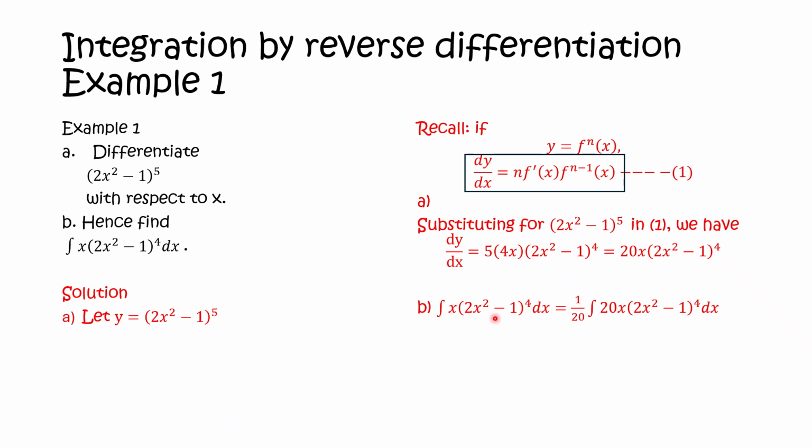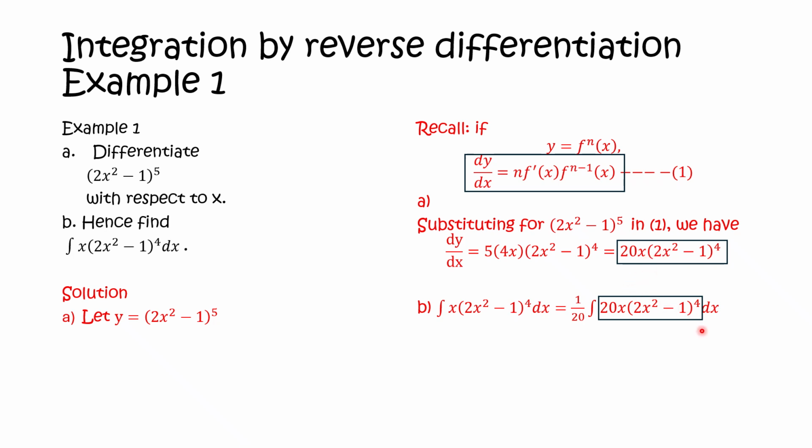For that to be identical to what we have in A, we can multiply by 20 and divide by 20 at the same time, which is equivalent to just 1. So if we do so and we take out 1/20, we leave the 20 inside the integral. We are going to have the inside being identical to the derivative that we obtained in A.